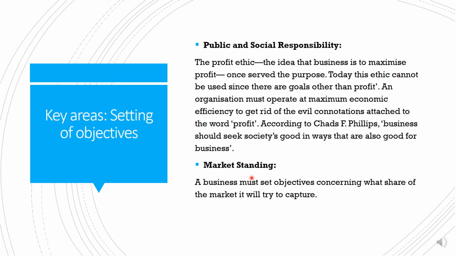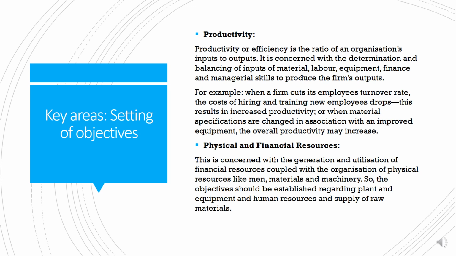Then market standing. A business must set objectives concerning what share of the market it will try to capture. So the objectives have to be clearly set about what kind of market share you are going to eye. Productivity. Productivity or efficiency is the ratio of an organization's inputs to outputs.